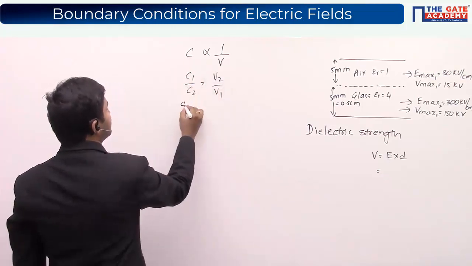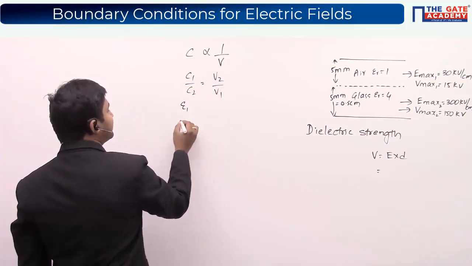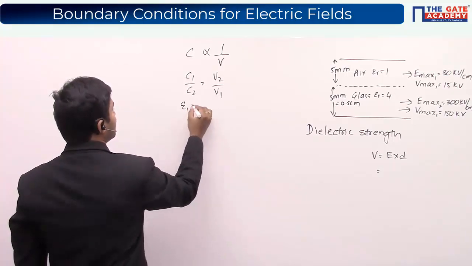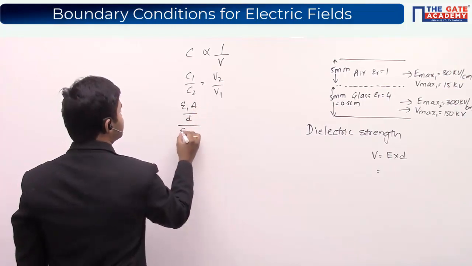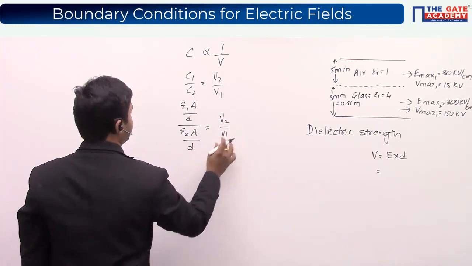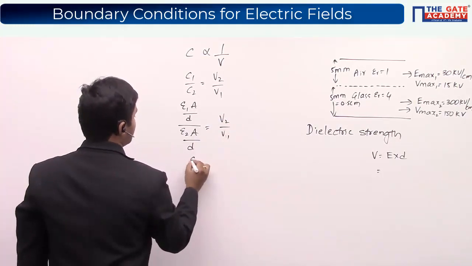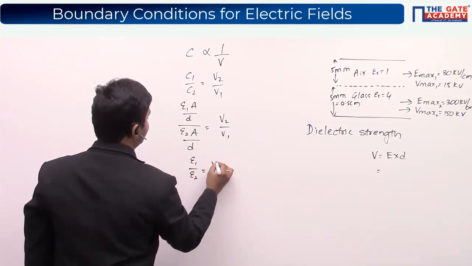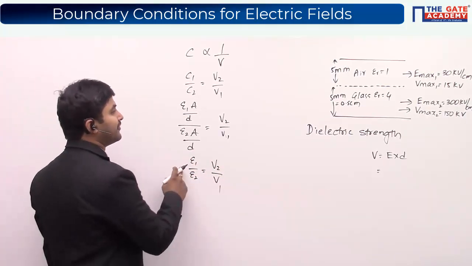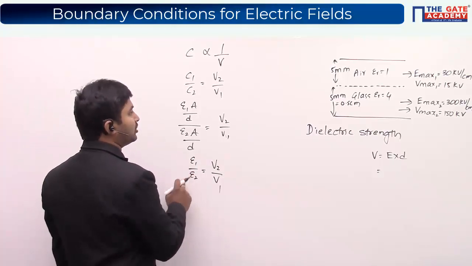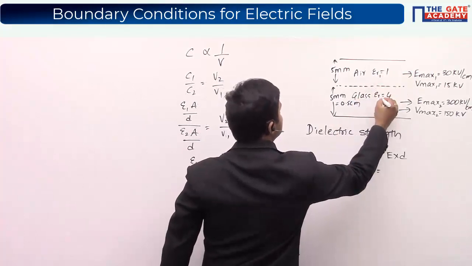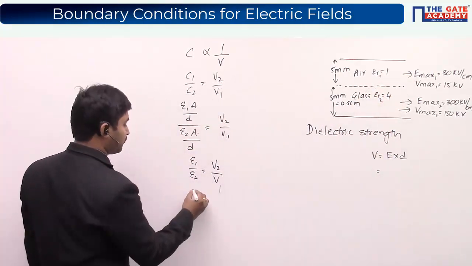C1 I can write as epsilon 1 A by D, C2 as epsilon 2 A by D. So A by D gets cancelled out, and epsilon 1 by epsilon 2 is going to be equal to V2 by V1. And we know epsilon 1 by epsilon 2, if I consider this as 1 and this as 2, would be 1 by 4.